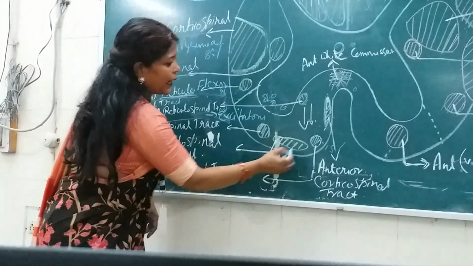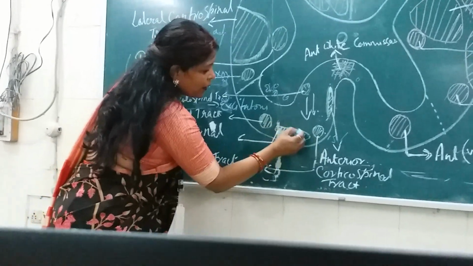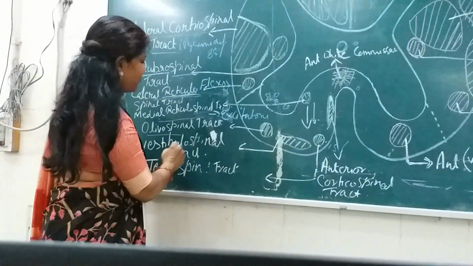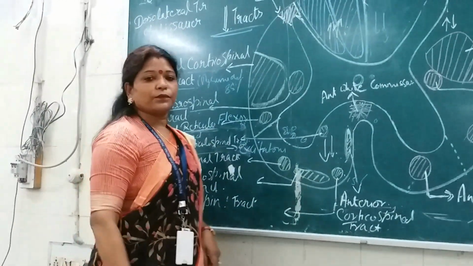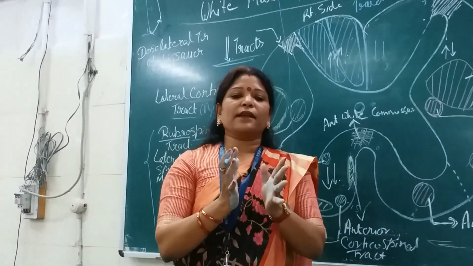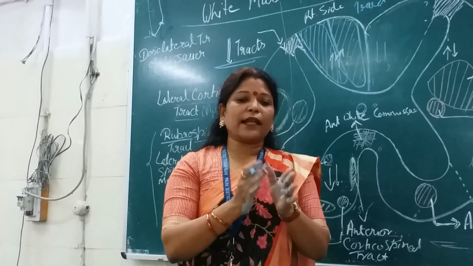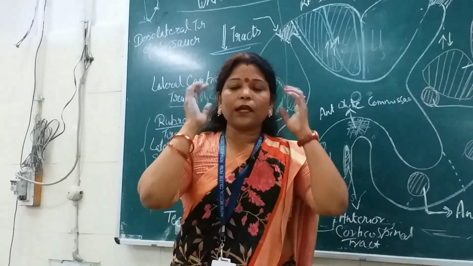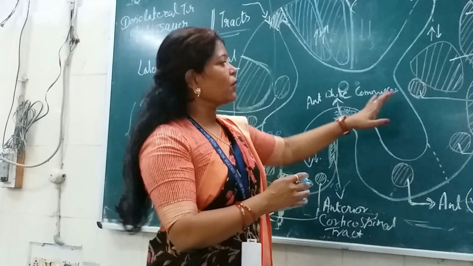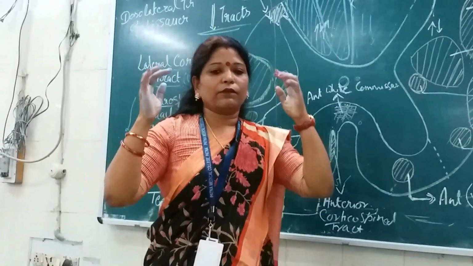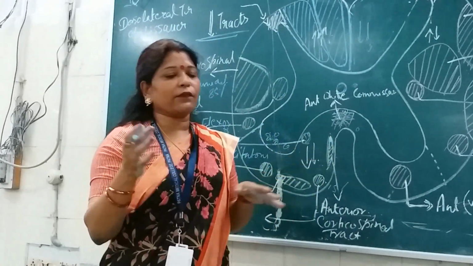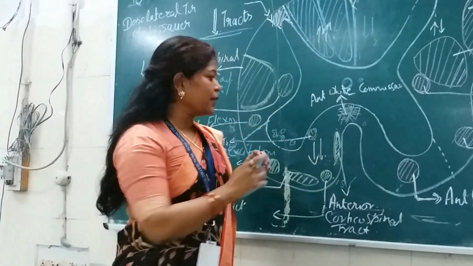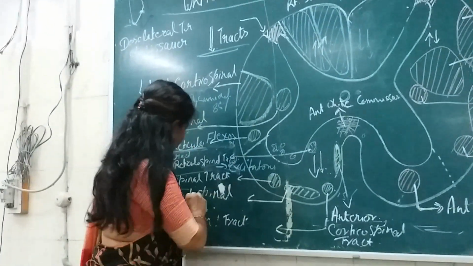Now lateral to that, there is the tract which is known as the vestibulospinal tract. In the prefix it is vestibular. So there are vestibular nuclei which are present at the pontomedullary junction. We will read in detail all these tracts individually, so for the time being you understand it.